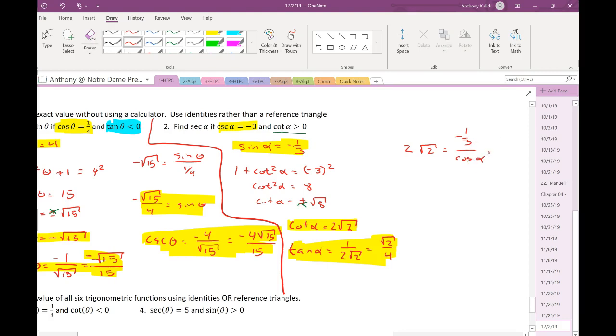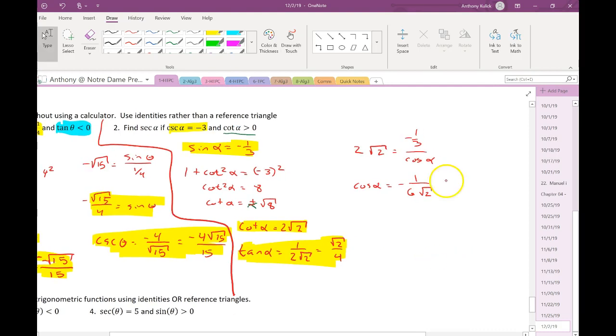If I multiply both sides by cosine and then divide by 2 root 2, and then we rationalize the denominator, get that.